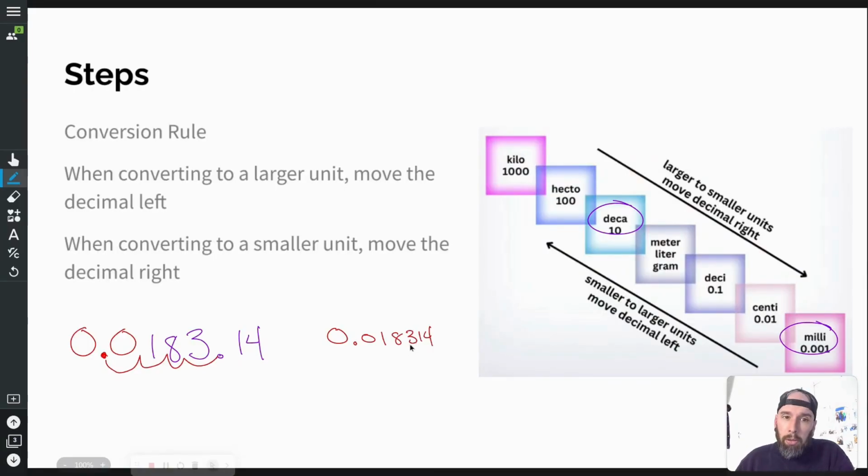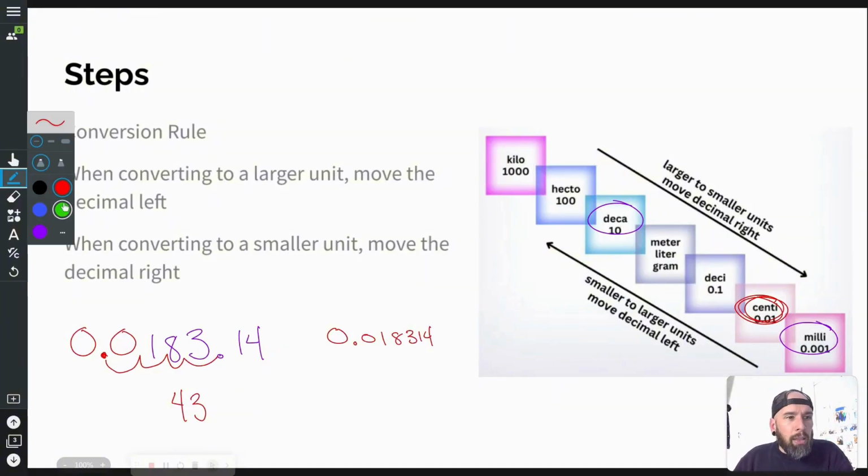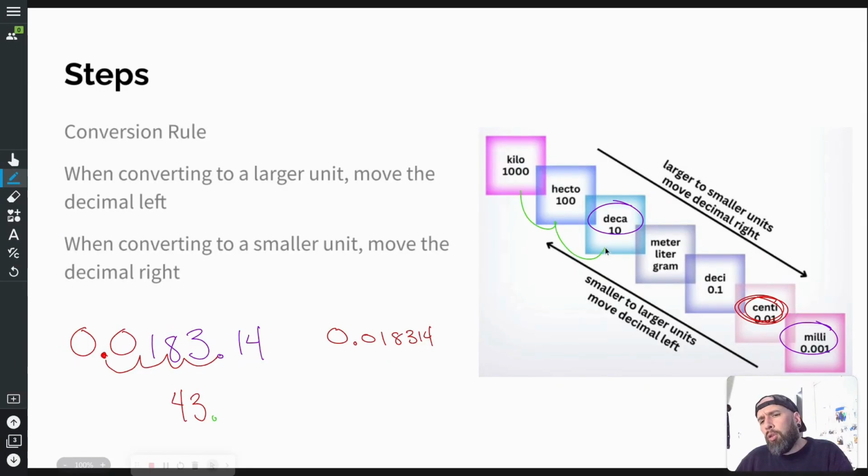0.018314 decameters. Now, if I want to convert to a smaller unit, say I have 43 kilometers and I want to find out how many centimeters that is, I'm moving to something smaller. I'm going to put my decimal where it should be, and I'm going to move to the right 1, 2, 3, 4, 5.